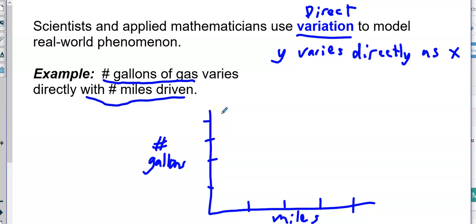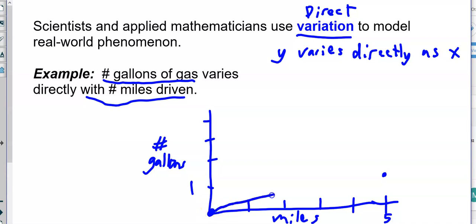So just for fun, let's say you go 5. You drive a Hummer or something. Say you go 5 miles, and this is 1 gallon and 5 miles here. If you go 0 miles, by the way, you'll be right there.